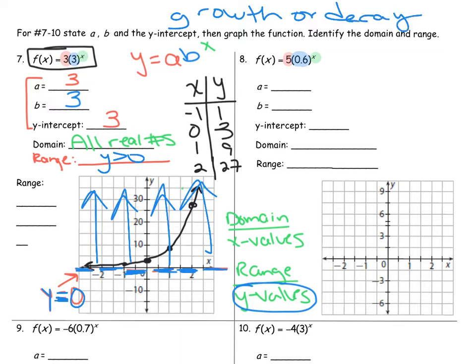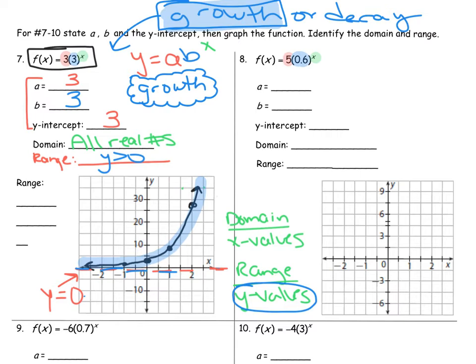Well, if you look at my graph here for number 7, as we read from left to right, is my graph increasing or decreasing? So as I read from left to right, this thing is increasing. So this would be considered a growth. Okay? Now, a big reason as to why this is a growth. So I'm going to include that here.